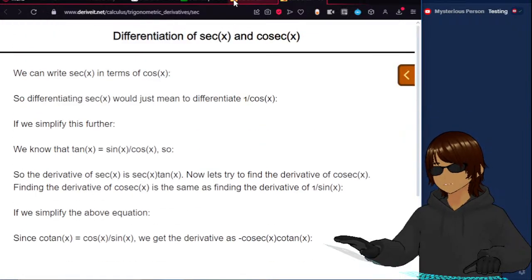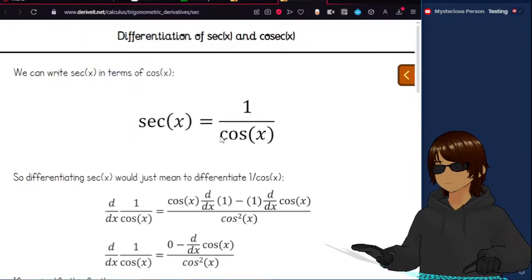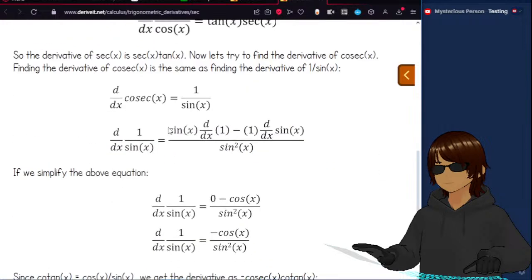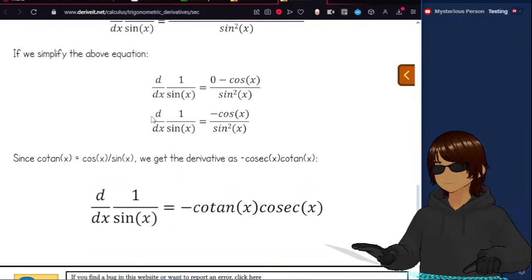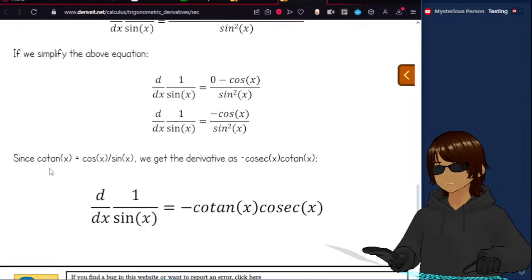Okay. So for cotangent, the derivative is minus cosecant squared x. For cosecant, it's minus cotangent x cosecant x.